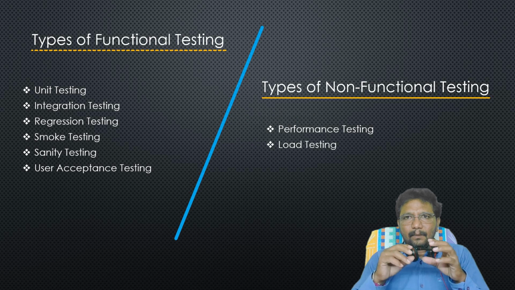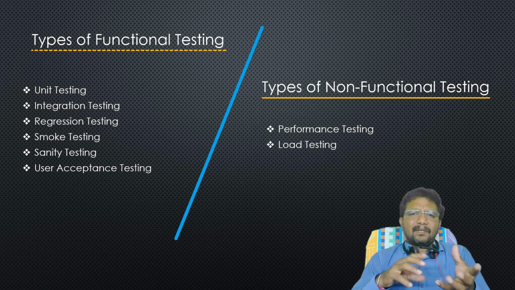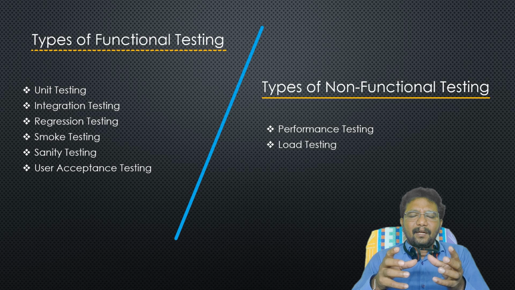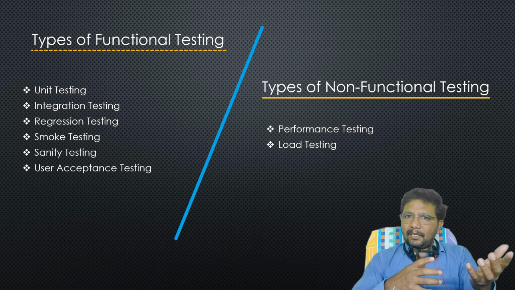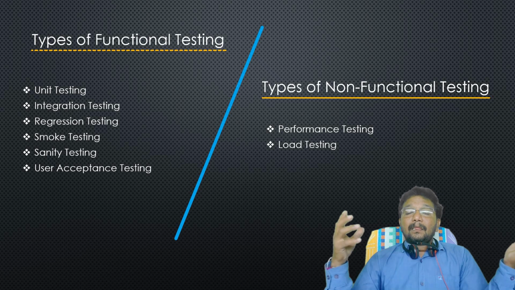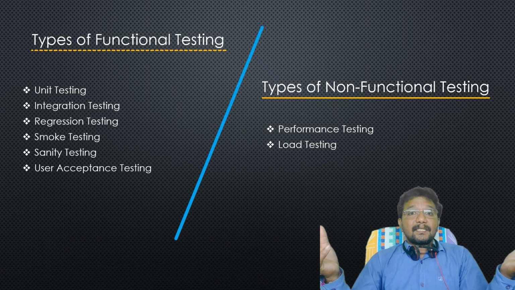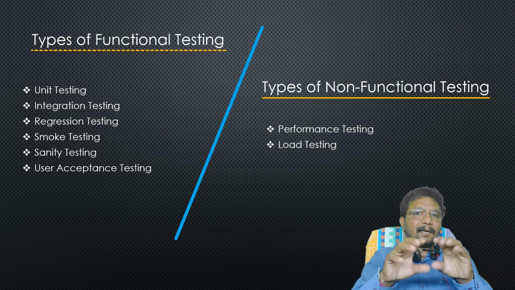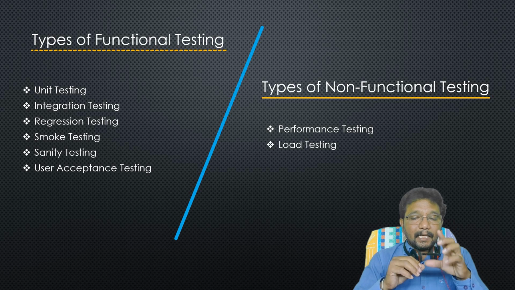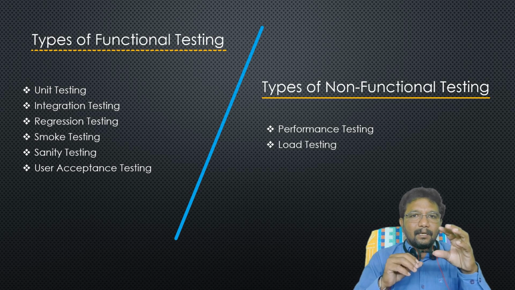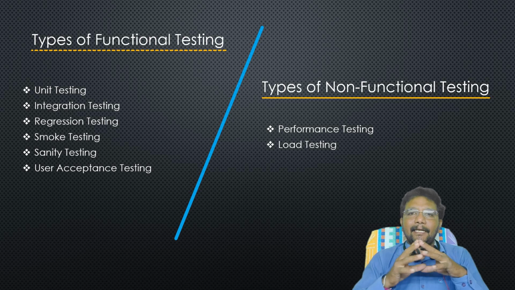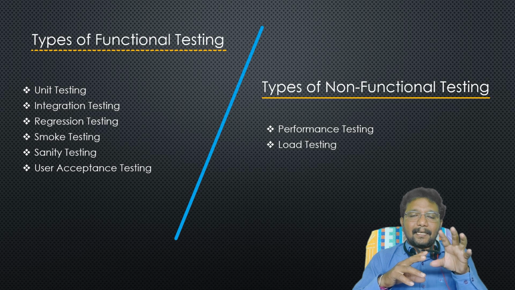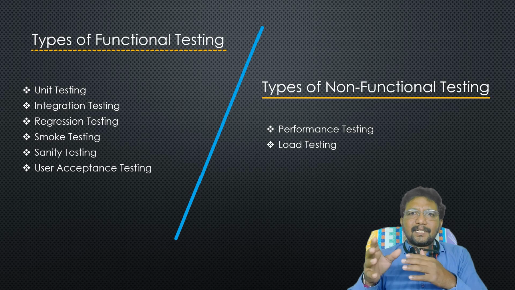By using JMeter and some other tools, we can test this. Why? Because for example, if you take an e-commerce application or banking application, thousands of users access the application at once. If the application is not able to bear that traffic, it crashes suddenly. To test this, some tools are available.